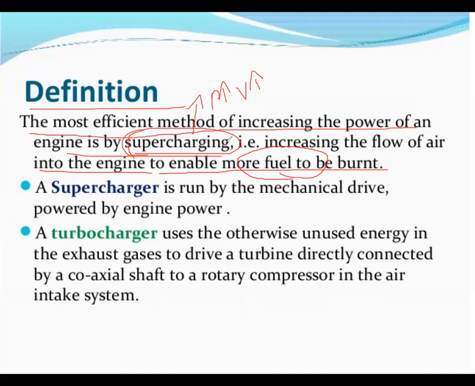So instead of sending normal atmospheric air at atmospheric pressure, there is a slight increase in pressure and a slight increase in volume. That is the pressurized air from the supercharger, which enters the combustion chamber. A supercharger is run by mechanical devices powered by the engine.